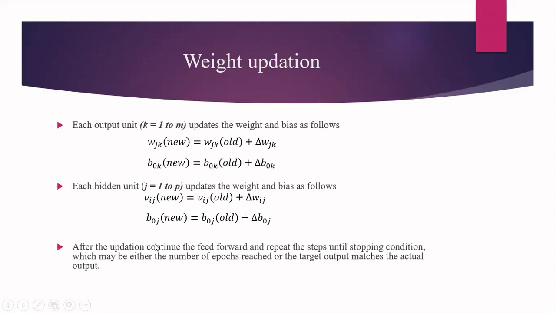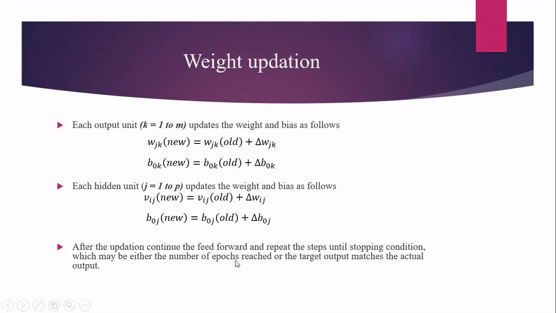So after the updation, continue the feed forward and repeat the steps until the stopping condition is reached. So what is the stopping condition here? When we train our algorithm, during the training, we will say that we want to go for this many number of maximum iterations, which are called epochs. So till you reach the maximum number of epochs, you can continue.